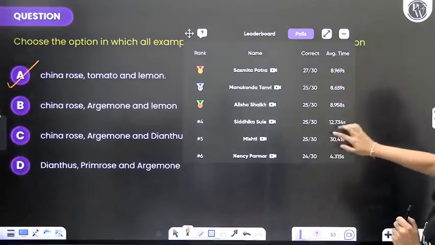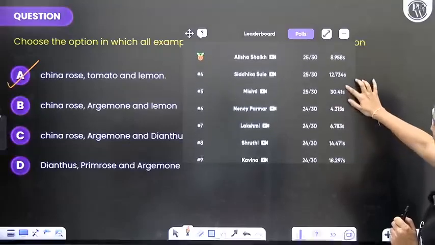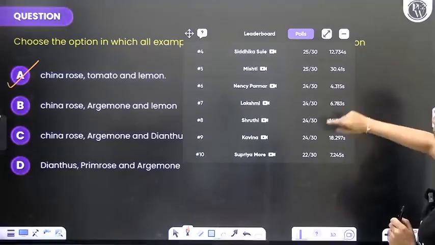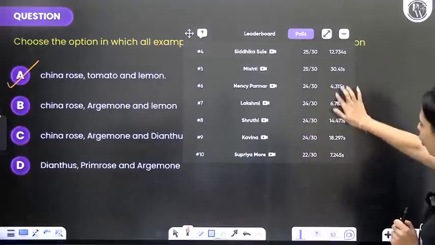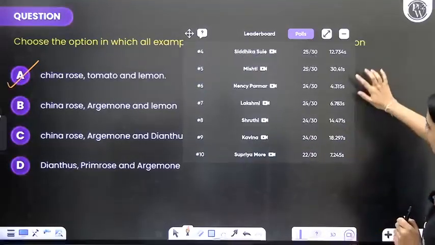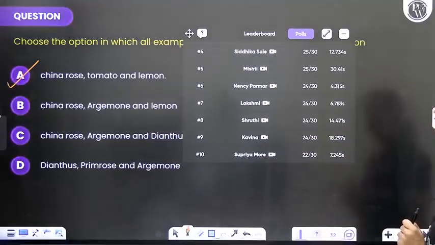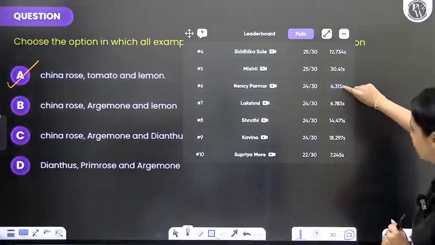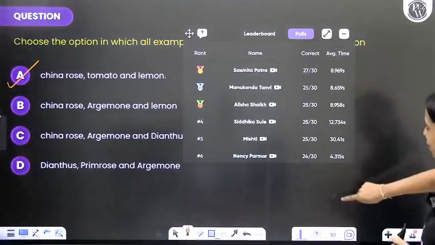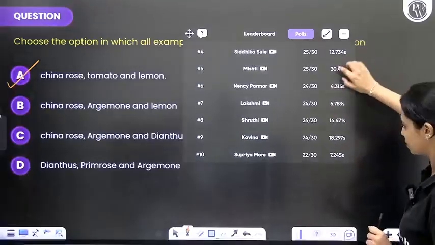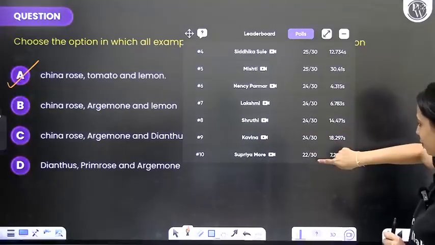Congratulations. Mishti. Mishti means sweet, no, in Bengali. Nice, sweet name. Nancy, Lakshmi, Shruti, Kavina, Supriya. All girls. Okay, we have one Supriya more, we have Kirtana more. Are you twins or cousins or anything? Congratulations to all the toppers. Even the 10th rank has answered 7 questions incorrectly.